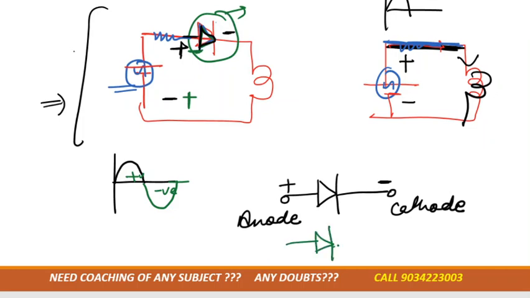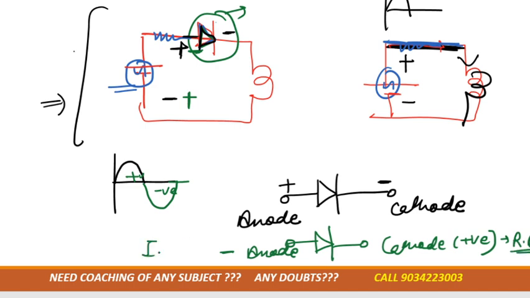No, see, I told you this is the anode. If the anode is connected with the negative and the cathode is connected with the positive, then it will work as a reverse bias. In the case of reverse bias, current will not flow. And the case above is the case of forward bias.